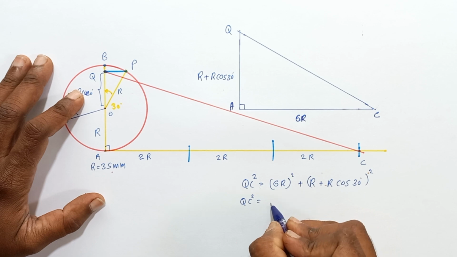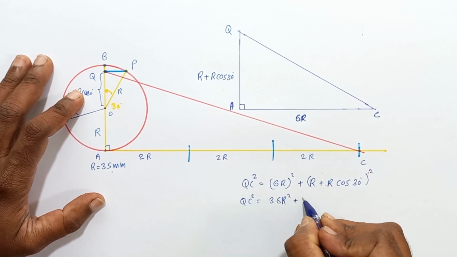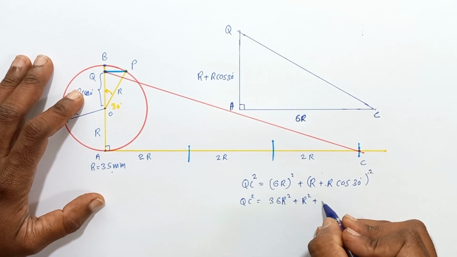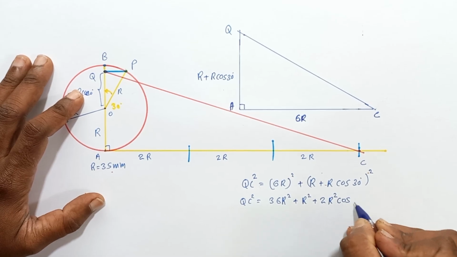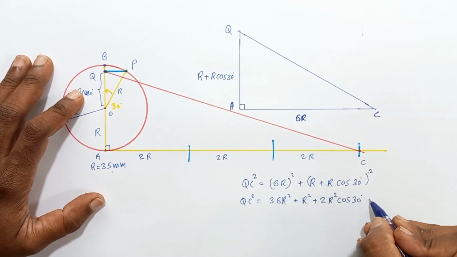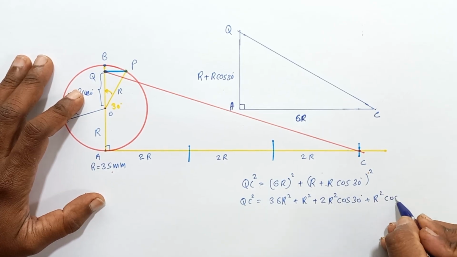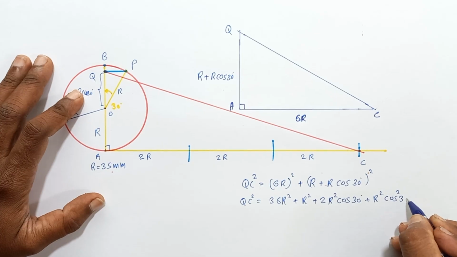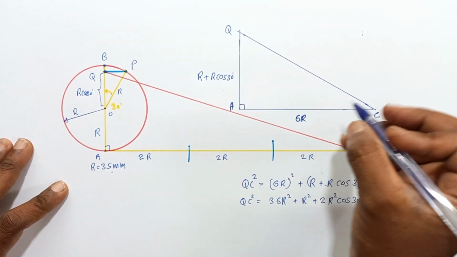QC square is equal to 36 r square plus r square plus 2 r square cos 30 degrees plus r square cos square 30 degrees.